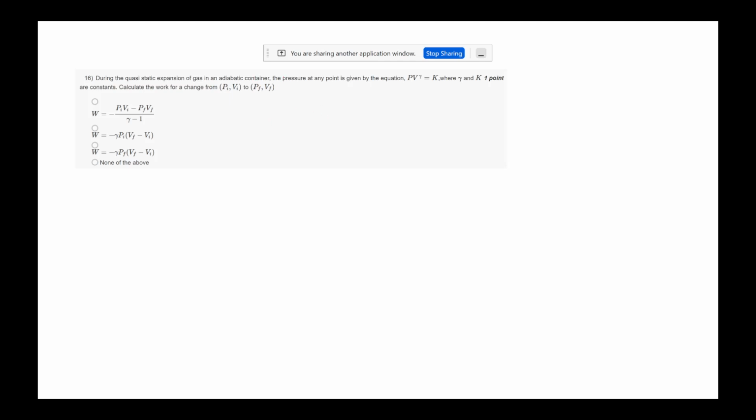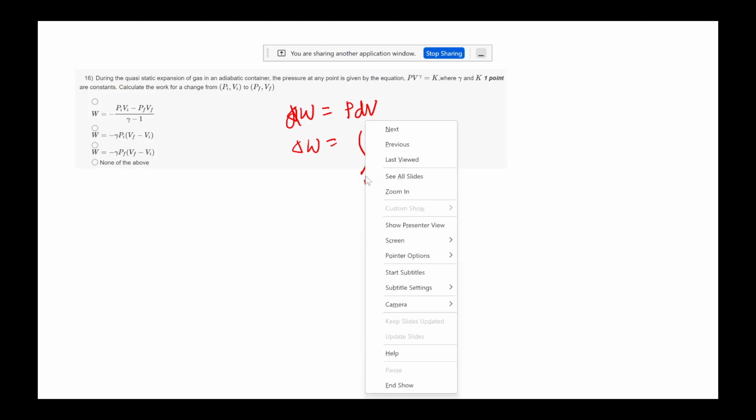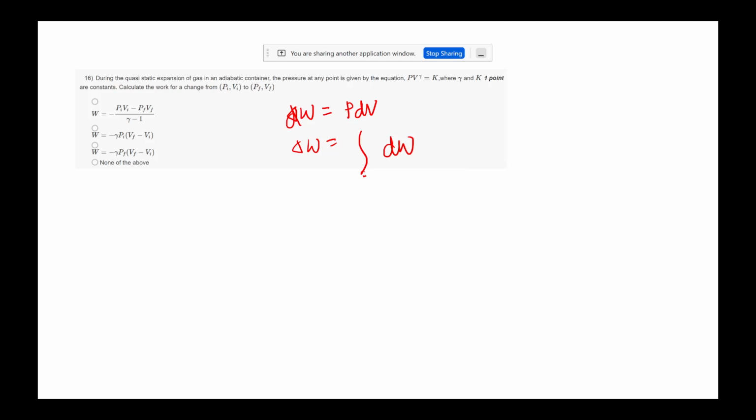This one, I will just give you the expression. Delta W is P dV. Sorry, dW. So delta W will be the integral of dW from initial to final. It can be written as initial to final.